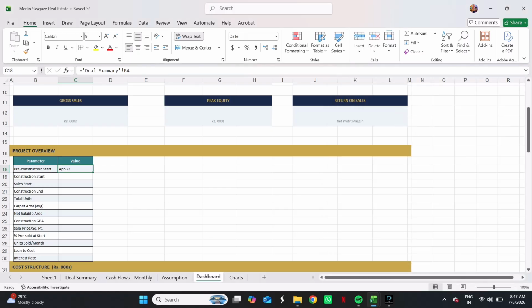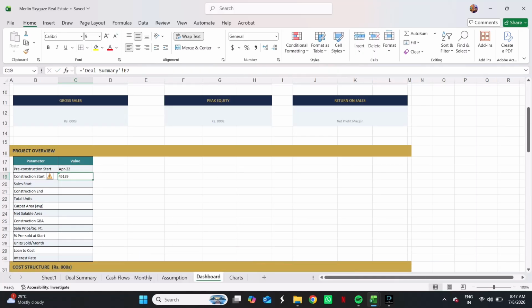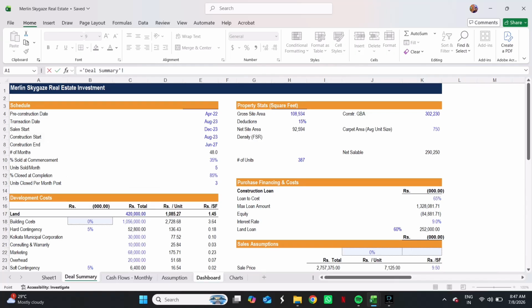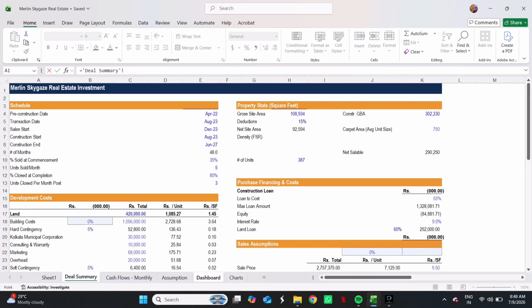Done. Then construction start equal to construction start April 23. Sale start equal to deal summary sale start December 23. Then construction end equal to deal summary construction end June 27.